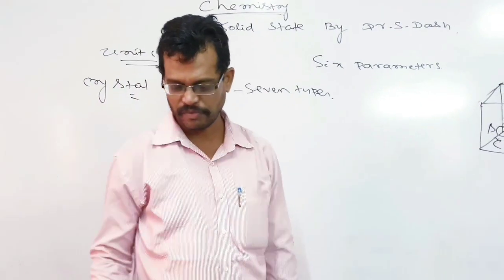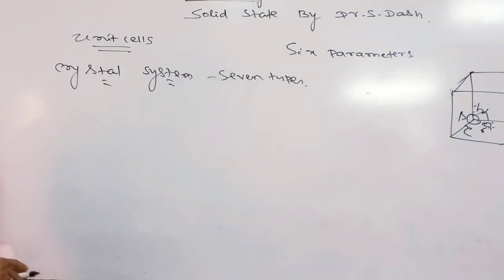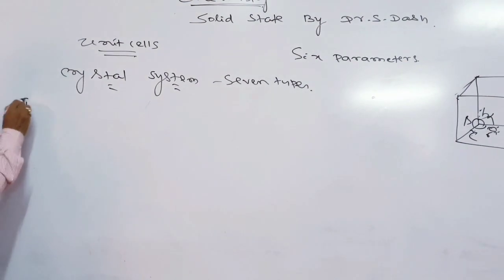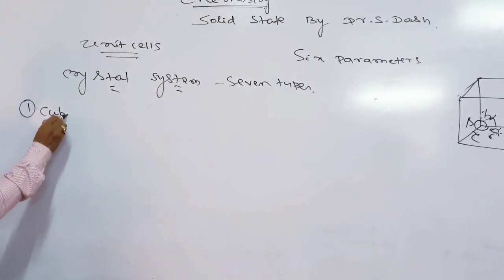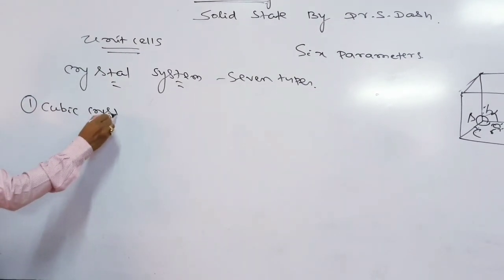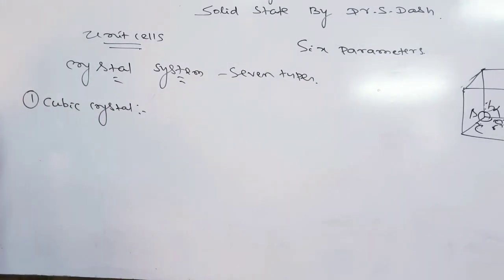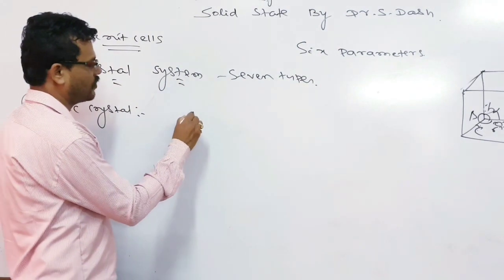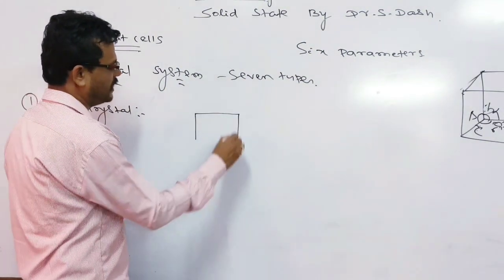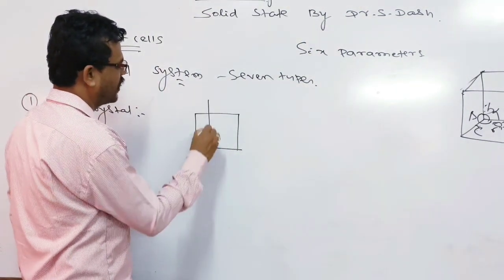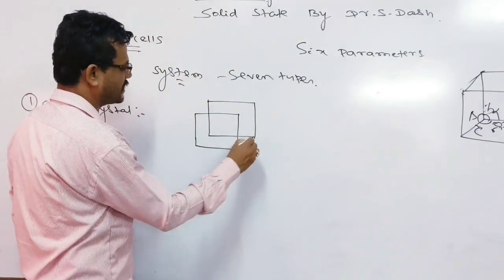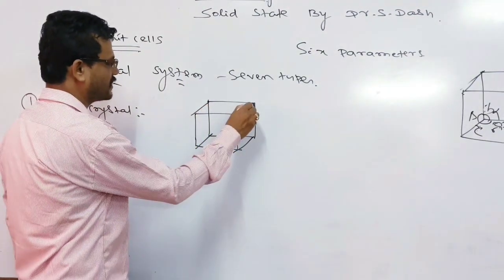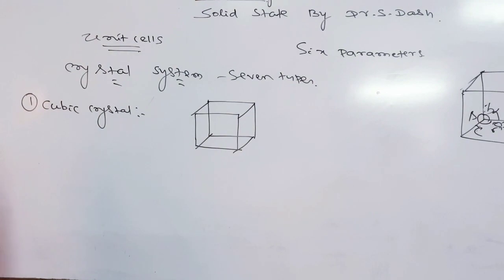So let us go one by one through the types of crystal system. First of all we have the cubic crystal system. In cubic crystals, what will happen, sir? Let us say I draw the diagram of a cubic. It just looks like a cube, and here all the angles and bond lengths are found to be the same in nature.